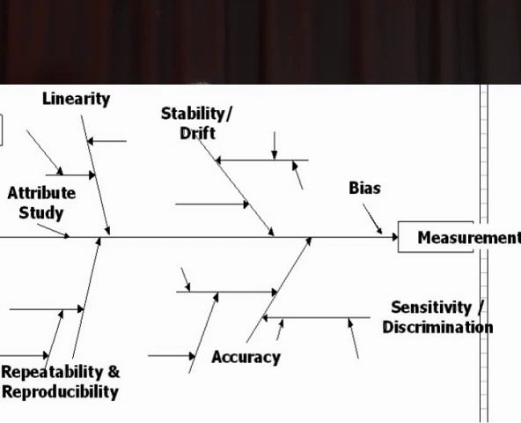We'll soon see. And finally, they talk about a study that encompasses other attributes called the attribute study. Now, what does that really mean? So let's begin with precision, and that is the two words used by them, repeatability and reproducibility.